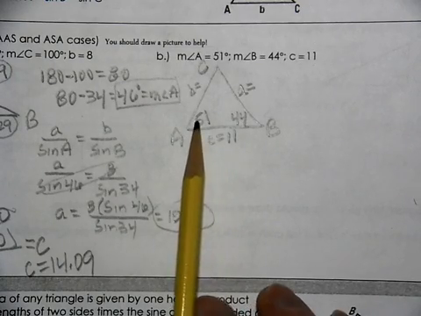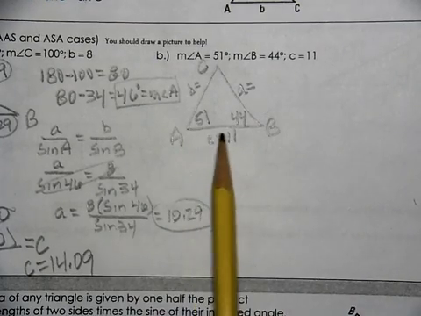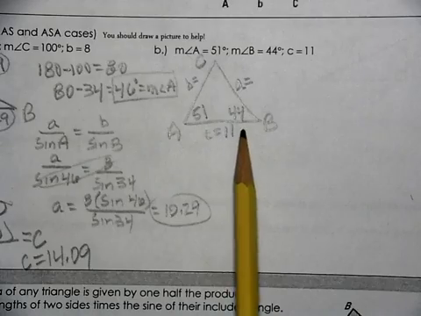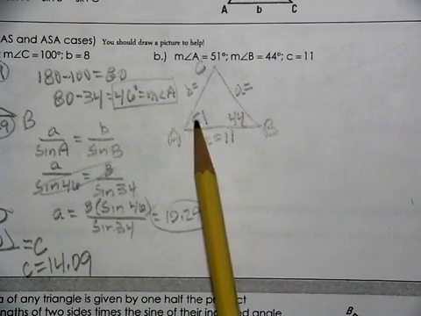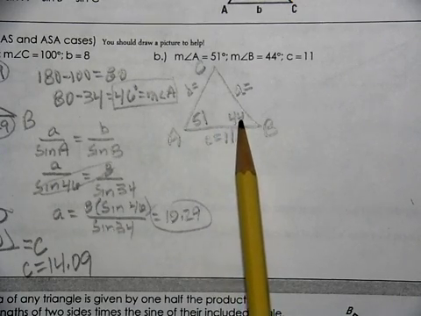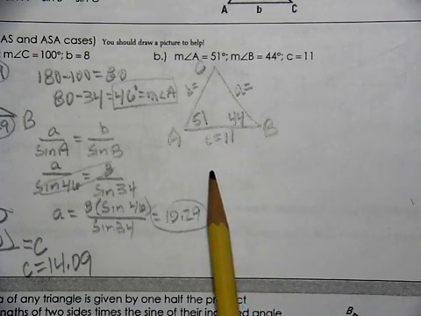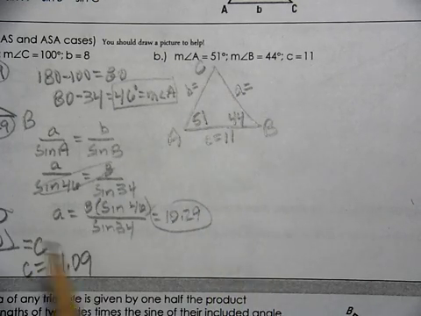So this would be considered angle side angle. Now, if you look at it from here, we don't know two bits of information from the same letter. We don't know the side A to match with the angle 51 or side B to match with angle 44. We know side C, but we don't have the angle at the moment.